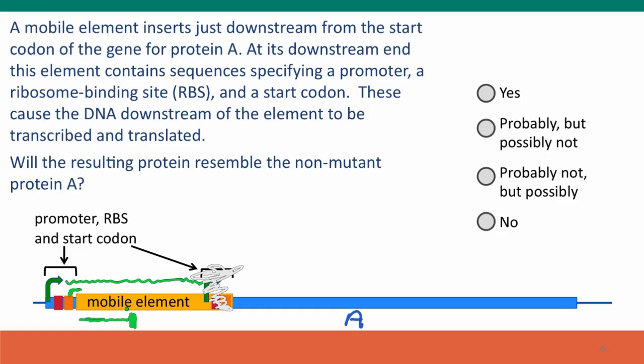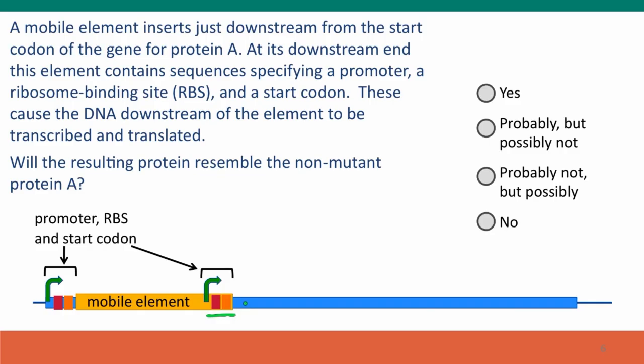But in the case that I want you to consider, which is actually a fairly common case because many mobile elements contain regulatory signals themselves, I want you to consider the case where the mobile element itself carries a second set of regulatory signals. There's a promoter pointing out of the element, and there's a ribosome binding site and a start codon.